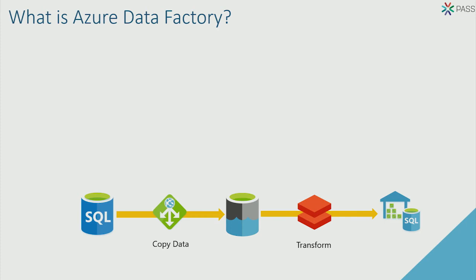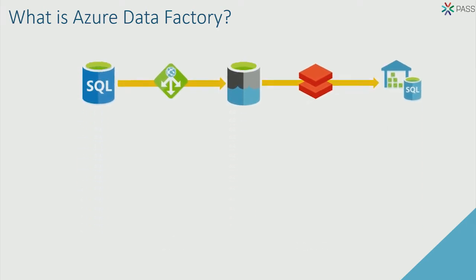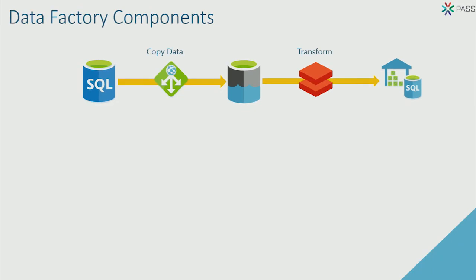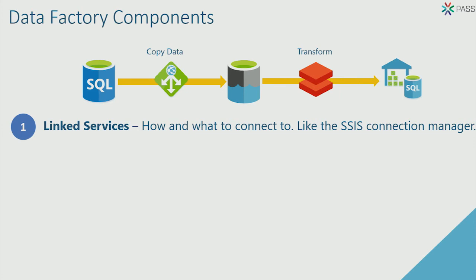So let's go a little deeper into Data Factory. Again, for those that haven't used it, for those that are already using this will probably be familiar, but the components within our Data Factory, the things we need to build to allow Data Factory to orchestrate our process. First up, we have this idea of a linked service, and we could say that a linked service is like our SSIS connection manager.